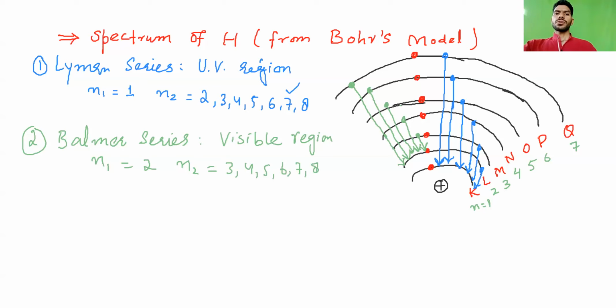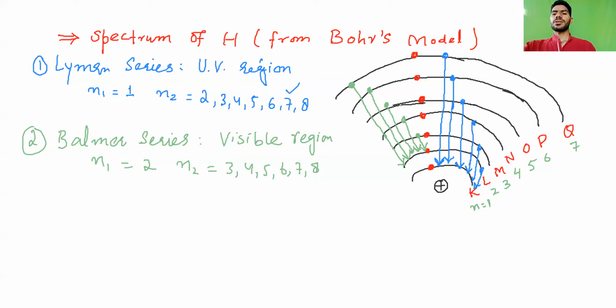Got it? So in the case of the Lyman series, according to Bohr's model, Niels Bohr told that there are various orbits or energy levels, which we call K, L, M, N, O, P, Q, etc. And for these energy levels, the N value is already given by Bohr. He told that N is 1, that is the first orbit.